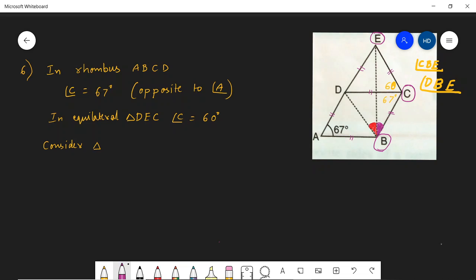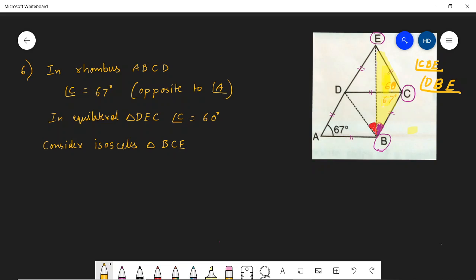I am asking you to consider this particular triangle. Let me highlight that for you. So first I want you to consider this triangle. Consider isosceles triangle BCE.